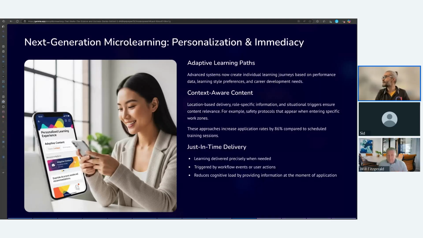One is definitely adaptive learning paths. We don't want to put everybody into the same learning journey. We want to make sure that the journey is different for each person based on their styles and their various environmental factors, right? Different people have different ways of going through their lives, going through work. And so we need to respect that.